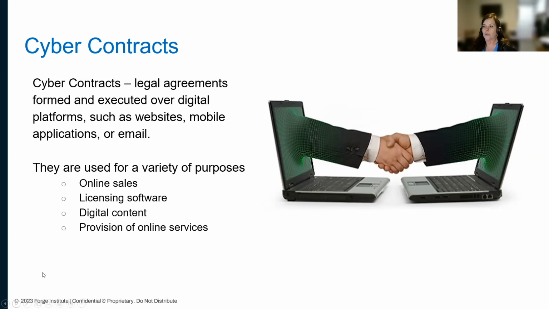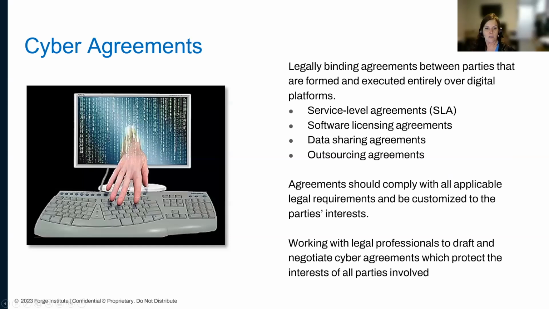So with the cyber agreements, there are different areas that can be considered. Some of the most common ones are the service level agreements, the software license agreements, the data sharing agreements, and outsourcing. All of this information is part of that.